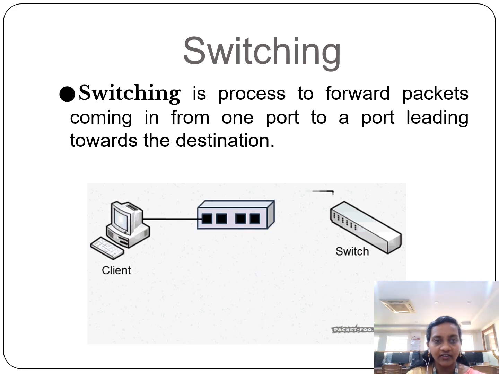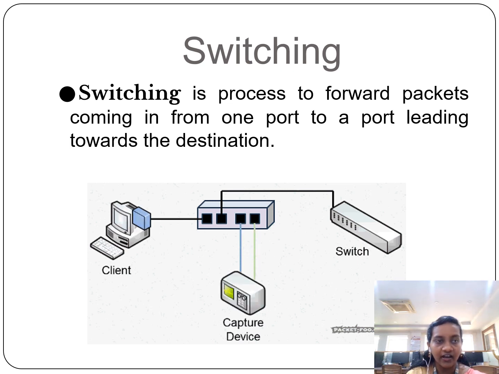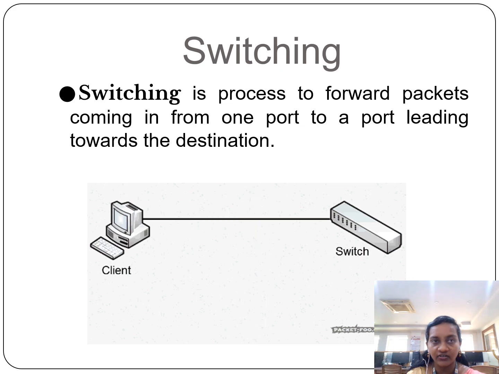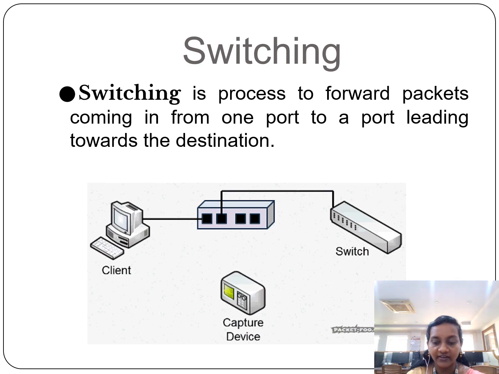The device or the switch can be considered as a destination. Just see this, the packets are traveling through the ports from one device to another, or the packets are being forwarded. This overall process is considered as switching. We are discussing one of the types of switching, that is packet switching.